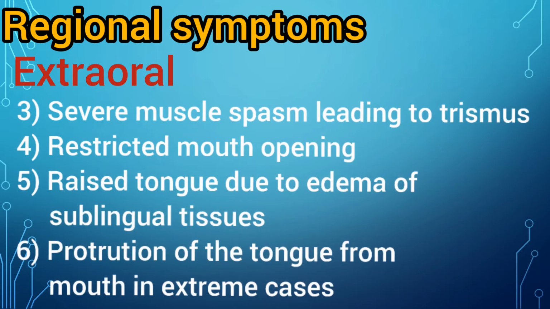The patient may experience severe muscle spasm which may lead to trismus with restricted mouth opening and also jaw movements. Typically, the mouth remains open due to the edema of the sublingual tissues leading to raised tongue almost touching the palatal wall. In extreme circumstances, the tongue may actually protrude from the mouth and the tongue movements are reduced.